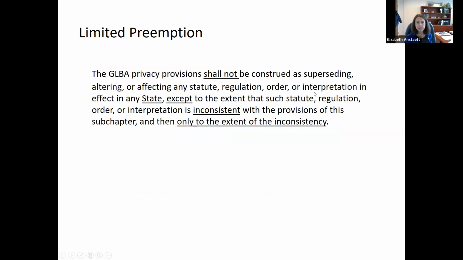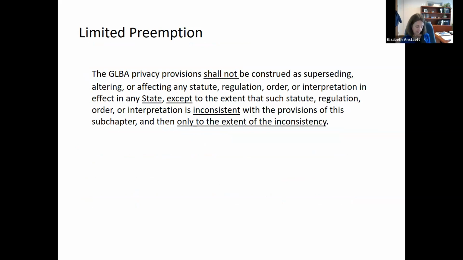One of the interesting parts of the GLBA is that it has very limited preemption. So we've been talking about preemption, but when they enacted this privacy law, the idea was not to preempt state laws. And in fact, the idea was to encourage state laws.